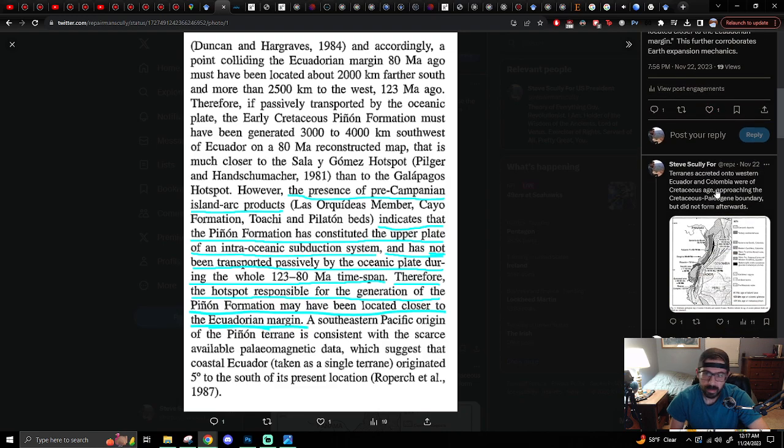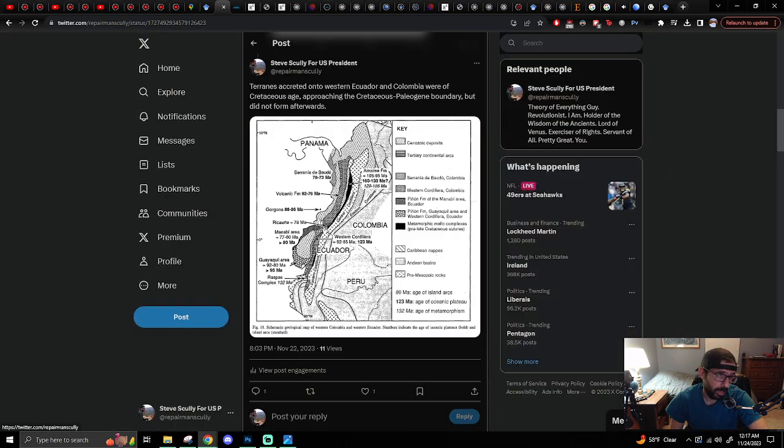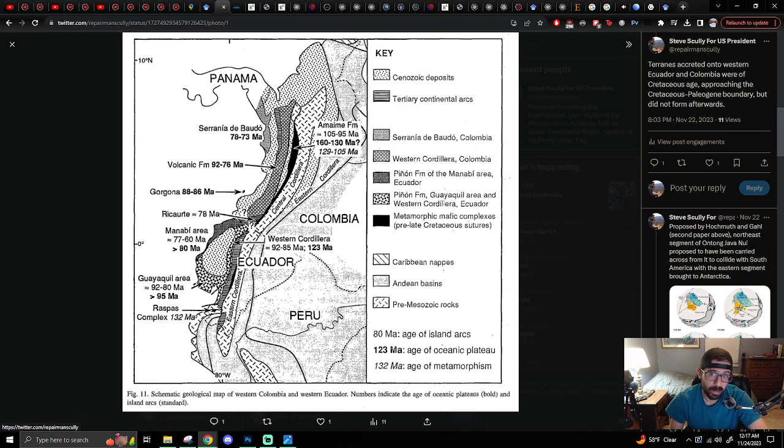then I said terrains accreted onto western Ecuador and Colombia were of Cretaceous age, so these just show the age, approaching the Cretaceous-Paleogene boundary, but did not form afterwards. Although I've seen there are layers deposited afterwards, the formation of these things generally approaches the KT boundary.